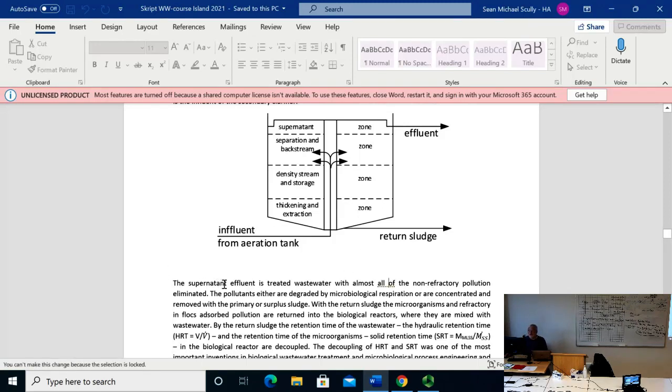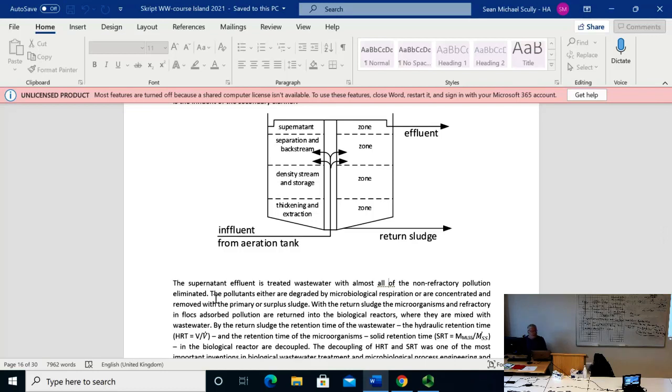So the supernatant effluent is treated wastewater with almost all of the non-refractory pollution eliminated. We come later to that because we have the settleable matter and what is fine dispersed and in solution.